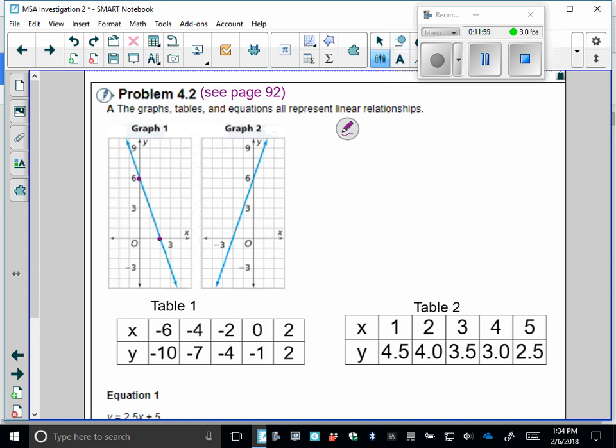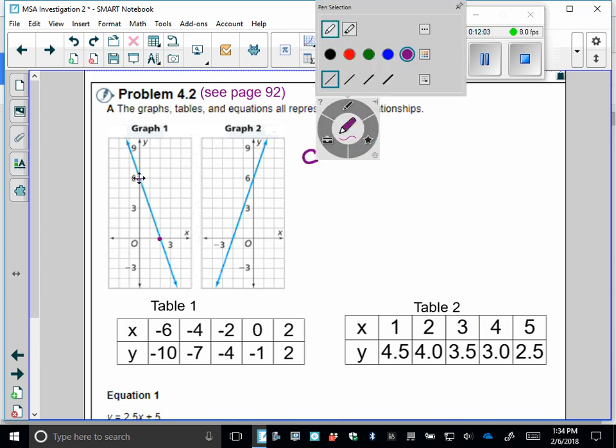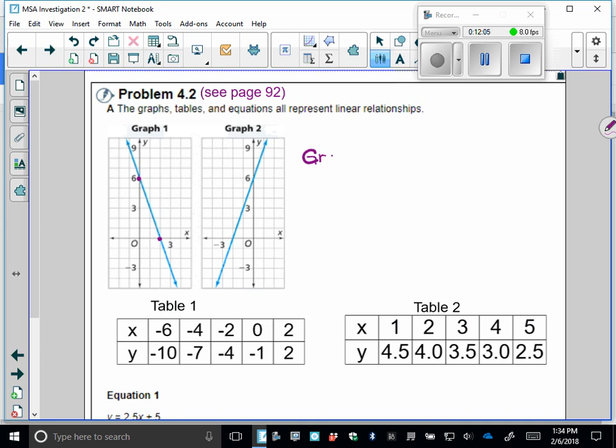Yeah. And so if I'm going to do graph 1, I'm going to think of rise over run. So graph 1 is dropping 6 units, and it's going to the right 2 units.